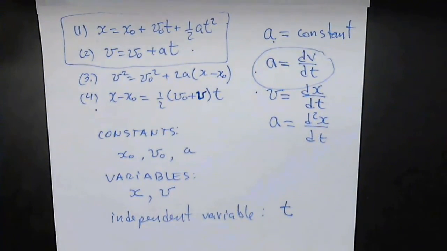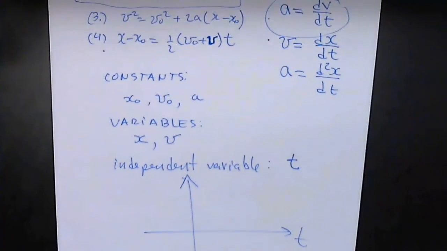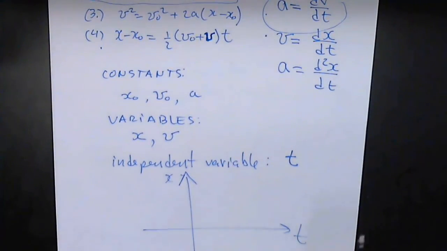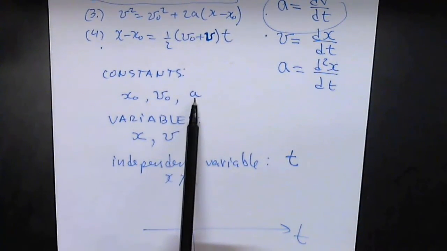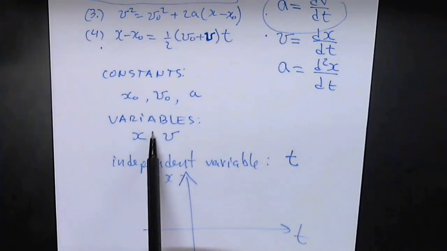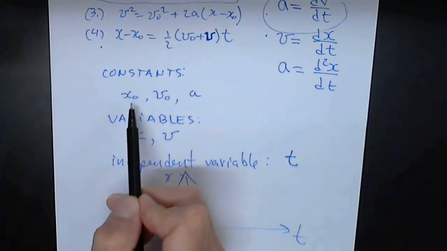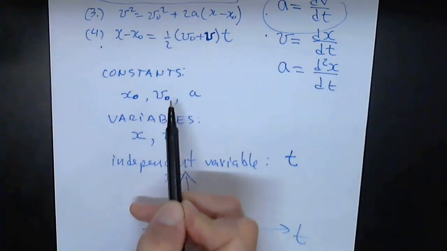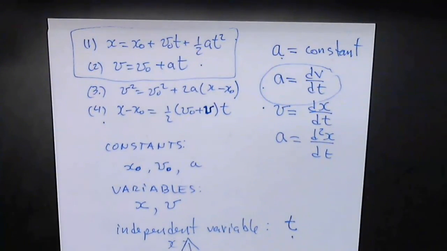So usually that is what goes on the horizontal axis. And here you can have position, velocity, etc. So constant: initial position, initial velocity, and acceleration. Variables: position and velocity later in time. This naught over here means at time 0. And the independent variable is time. So this is a summary of the calculus physics of the kinematics equations.